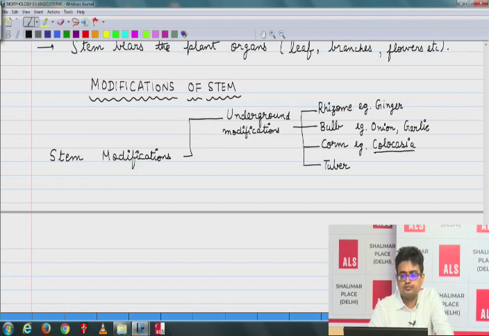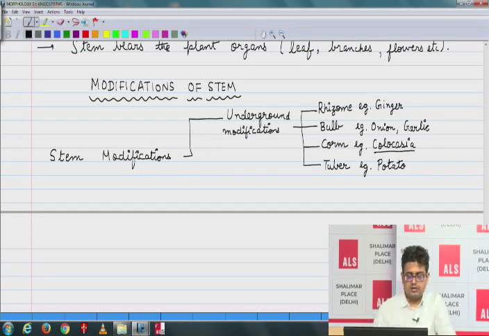Colocasia is a botanical name, so I'm underlining it. Then you have tuber. Tuber, best example is potato.